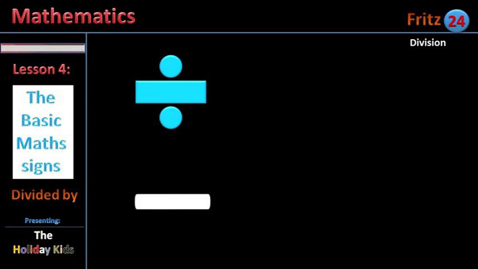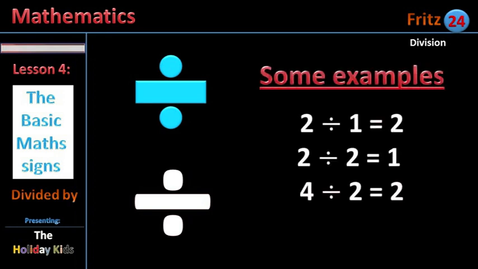To write the division sign, we have a short horizontal line and 2 dots, 1 above and 1 below the line. Horizontal line, 1 dot above and 1 dot below, which means divided by, as you see on your screen. Let's see some examples.